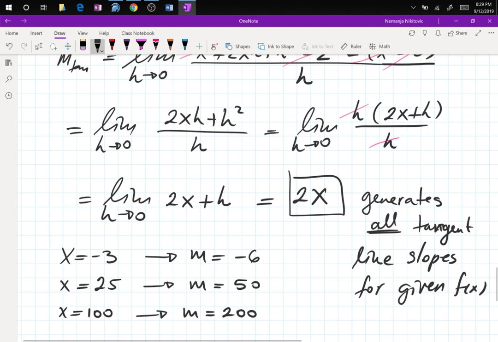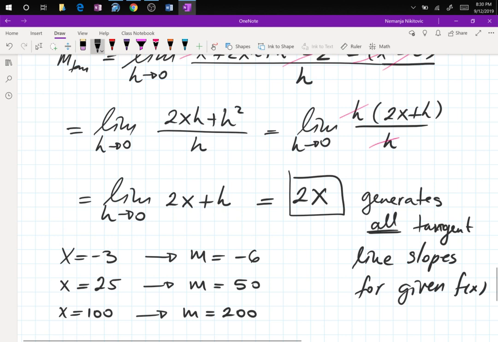You change f of x, that calculation changes, obviously. But if you have one function and you want to calculate 4 or 5 different locations for the tangent line, the best bet is to compute the limit of the difference quotient for the whole thing, and get this function which will generate the slopes.